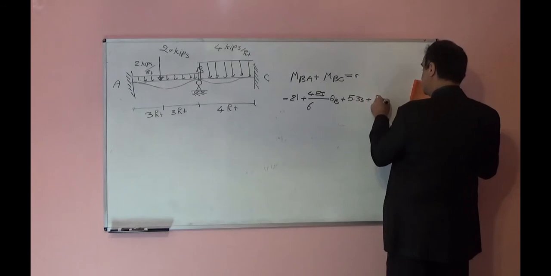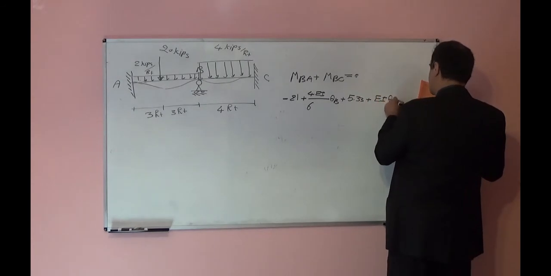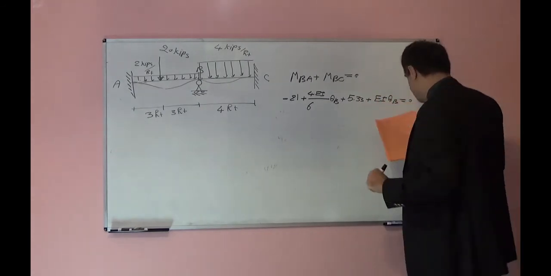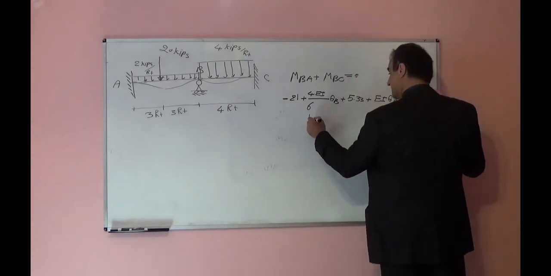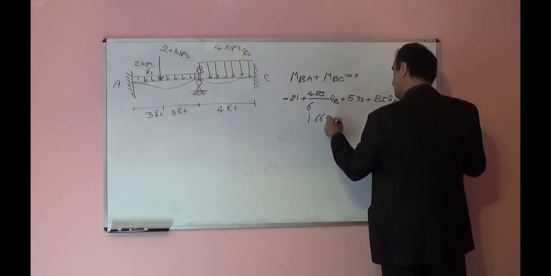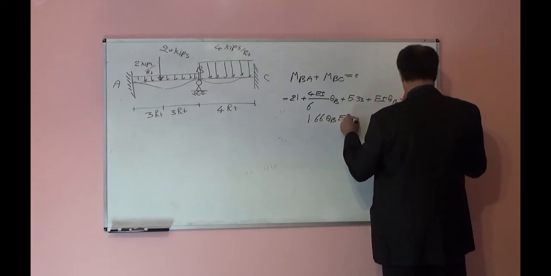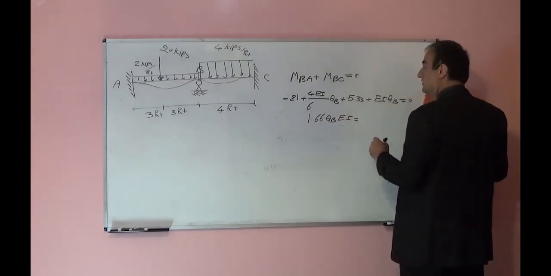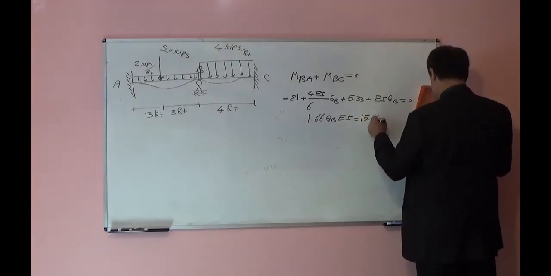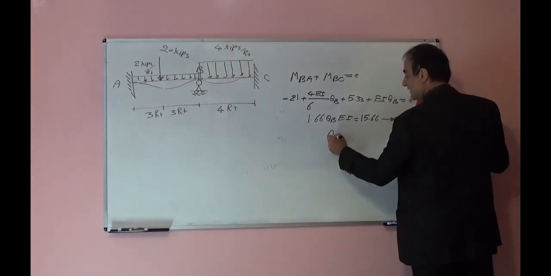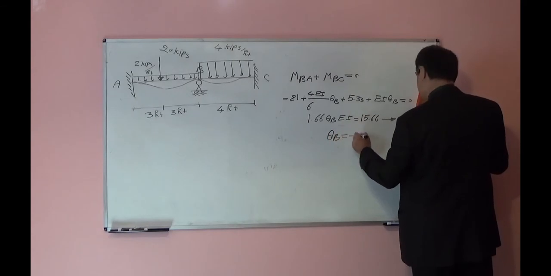plus 5.33 plus EI theta B is equal to 0. From here I can write 1.66 theta B EI is equal to 15.66. From there I can find theta B is equal to 9.4 over EI.